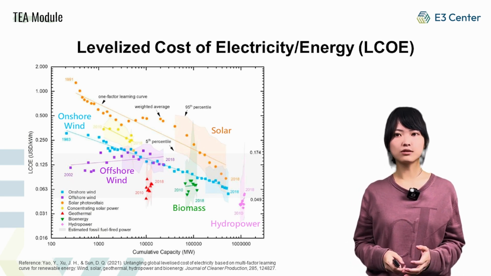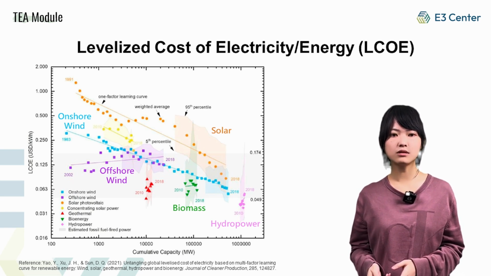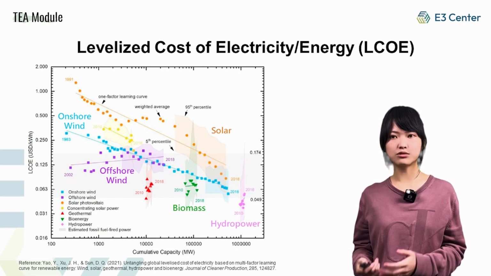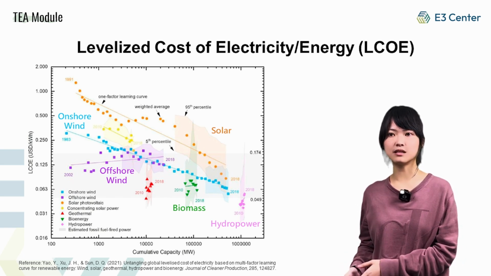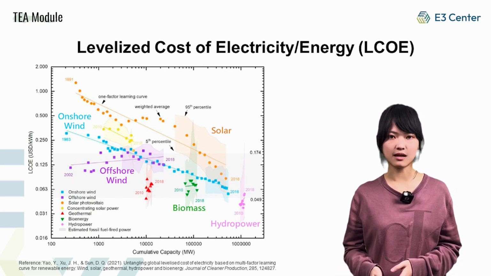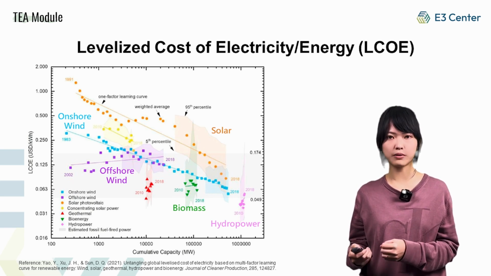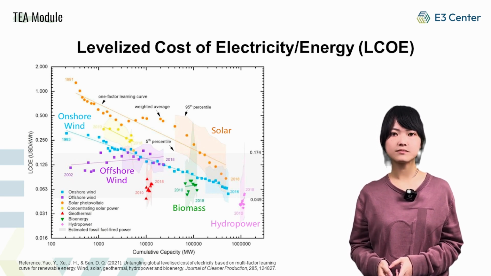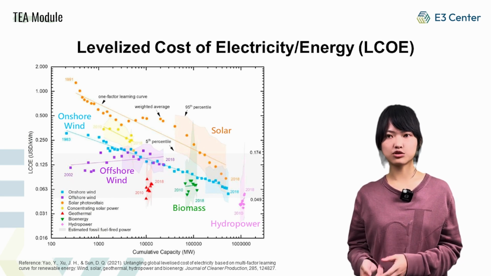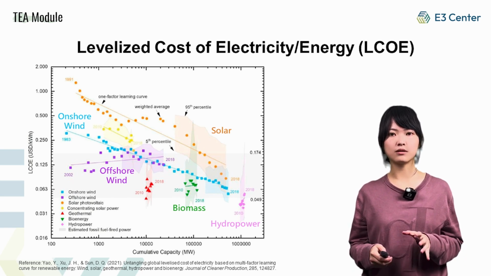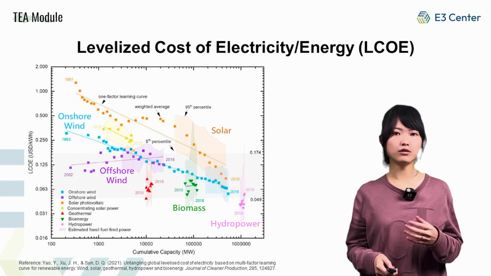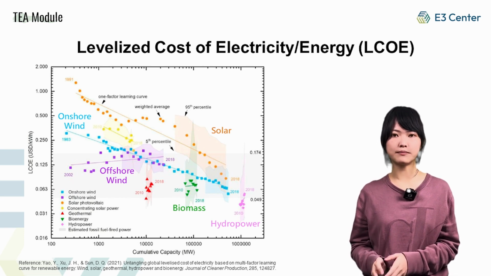From the conventional single-factor learning curve model, we see that the learning rate is 34% for general solar PV technology and 20% for concentrated solar power, or CSP. And for onshore wind, the learning rate is about 20%, while offshore wind is lower at 9%.